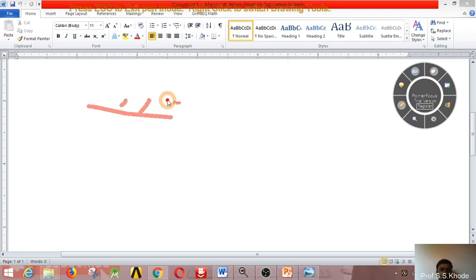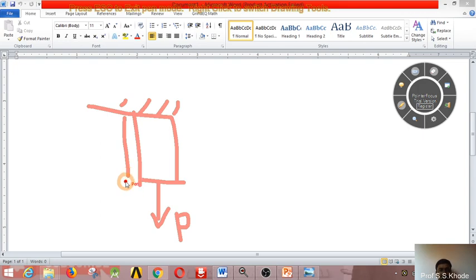Let's suppose this is the particular bar. If you are applying the load in this direction, the length is in the direction of force, so it is called the linear dimension. But the diameter of this rod is perpendicular to the direction of force, so it is called the lateral dimension.